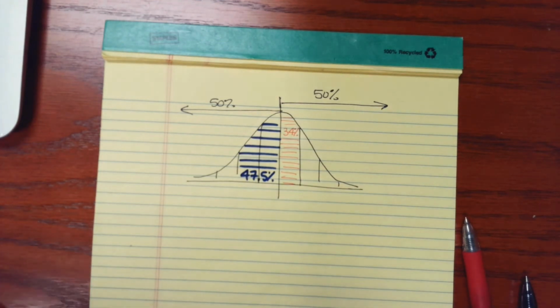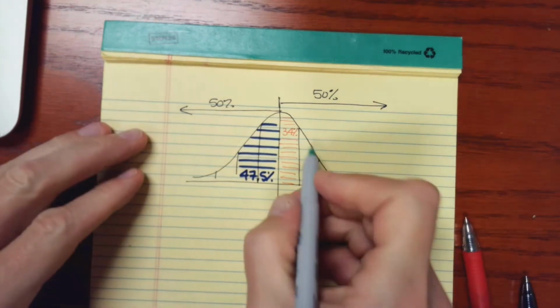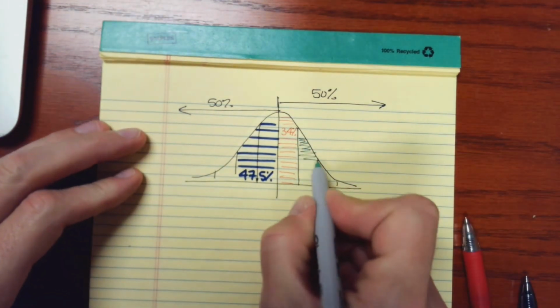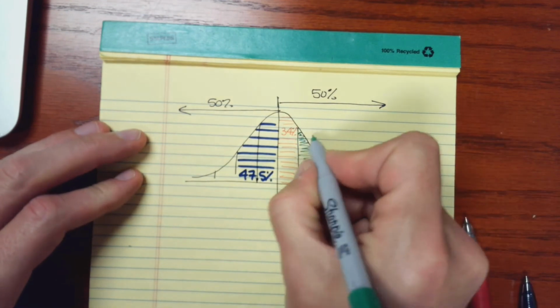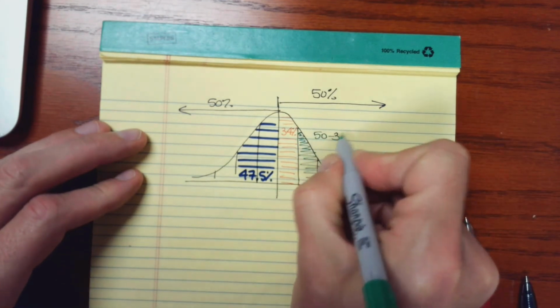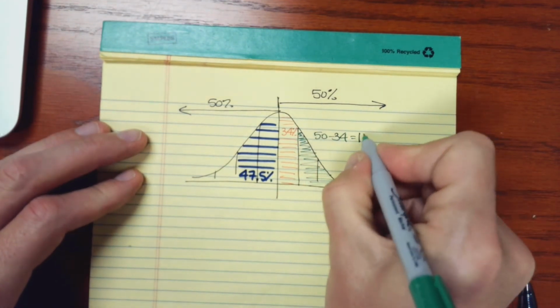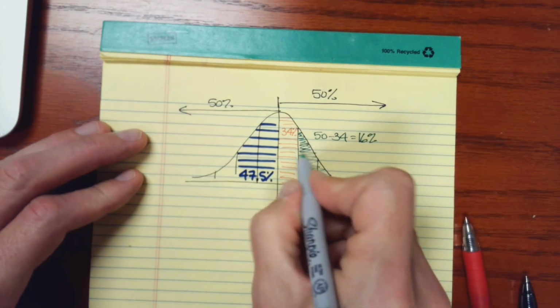Just this piece that I'm going to put in green. In green here, this would be 50 minus 34. In other words, 16%. So that's the green area.